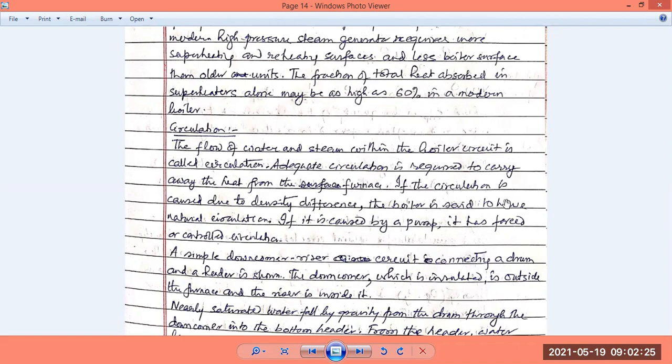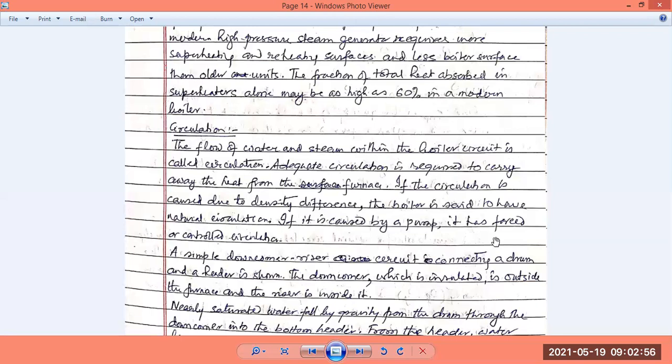If the circulation is caused due to density difference, the boiler is said to have natural circulation. This means there is no pump or any other prime mover pumping the fluid. Only due to the temperature and density difference, the higher density fluid, especially the water, will move towards the less density fluid, the vapor.